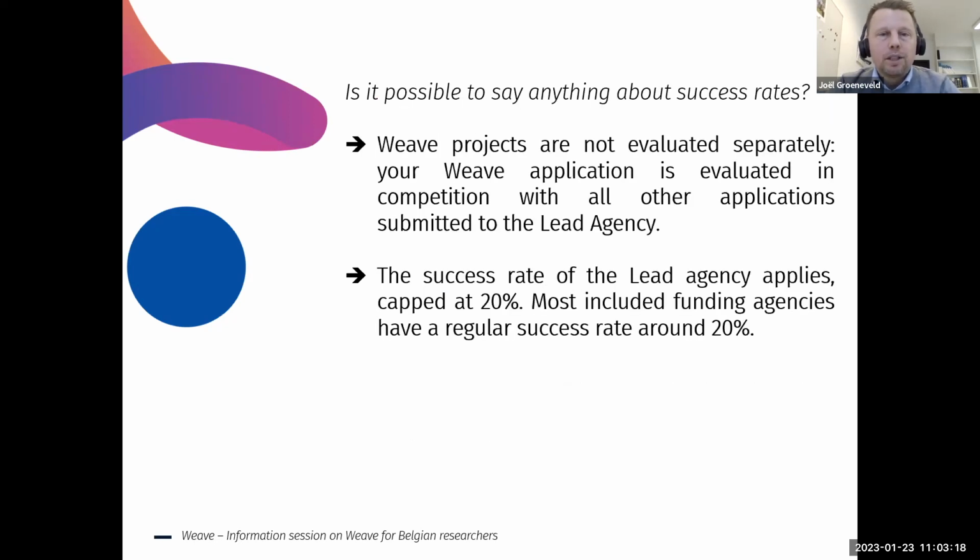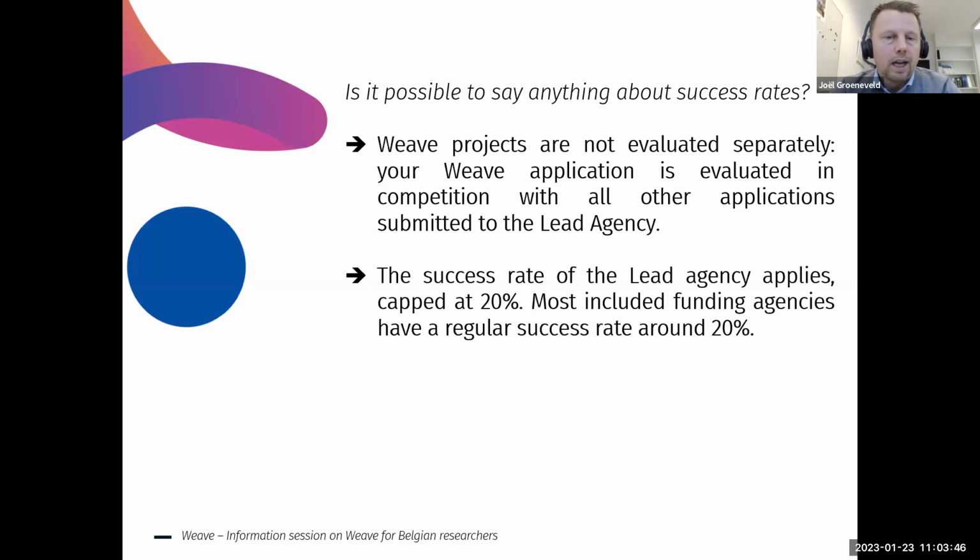Is it possible to say something about success rates? Well, this is quite straightforward. WEAVE projects are not evaluated separately. Your WEAVE application is evaluated in competition with all other applications submitted to the lead agency. So if you apply in the FWO call for junior or senior research projects, you are in competition with all the other proposals that are submitted in this call.